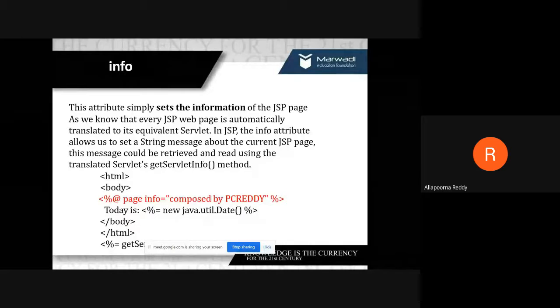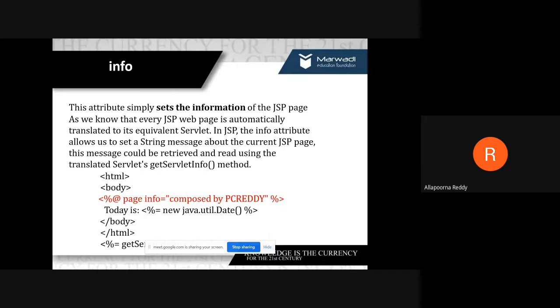Next, coming to info. So what is this info? Whenever you want to set the information of a JSP page, you want to clearly state the information for your JSP page. As we know, every JSP page is automatically translated into a Servlet.